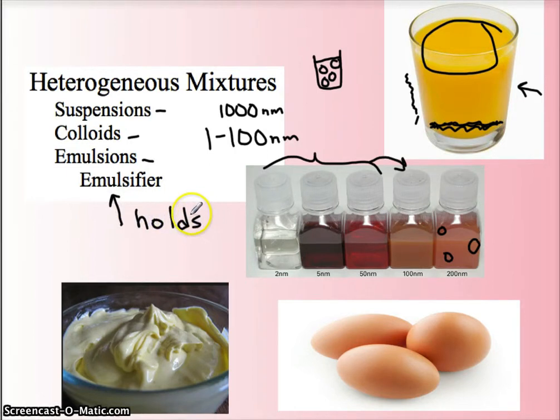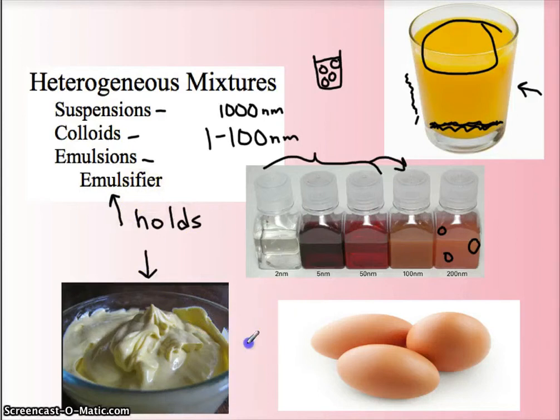Now, we're not going to inject glue into anything and call it an emulsifier. These just happen to work with the bonding of keeping these liquids together. And a perfect example is mayonnaise. Mayonnaise has an emulsifier. That mixture is considered an emulsion.